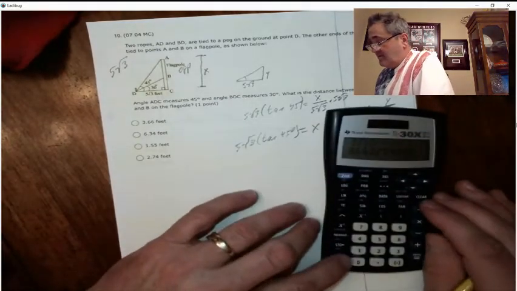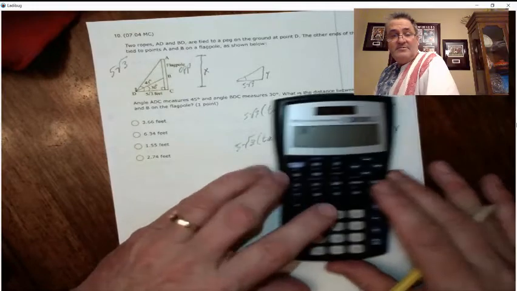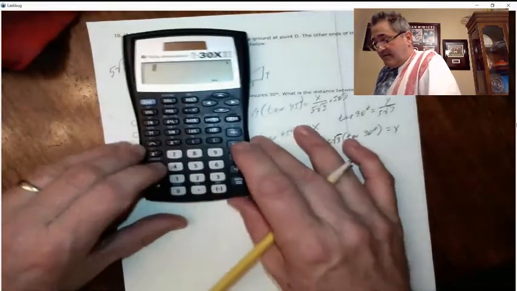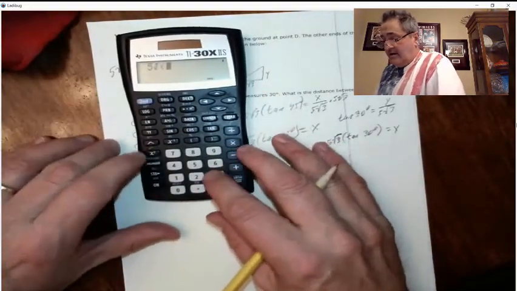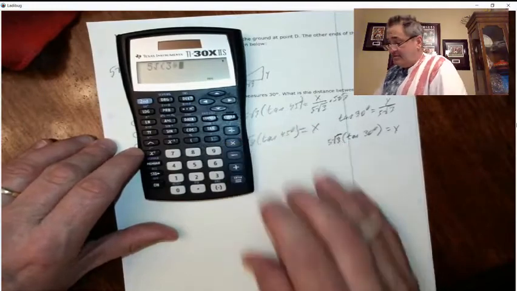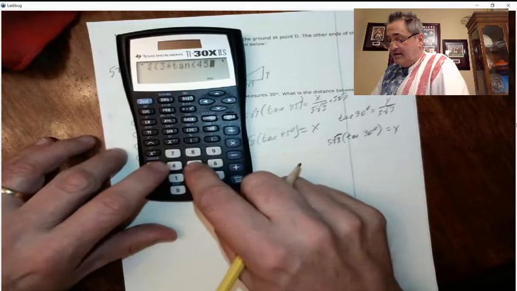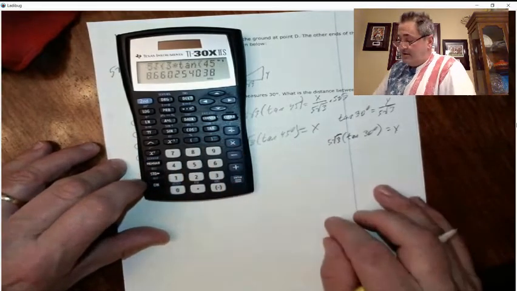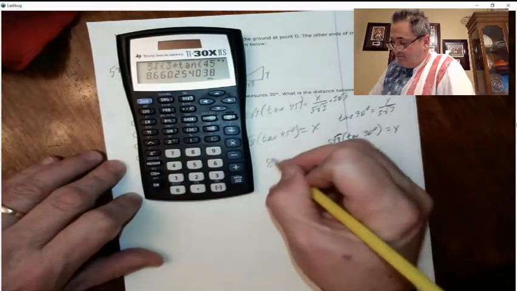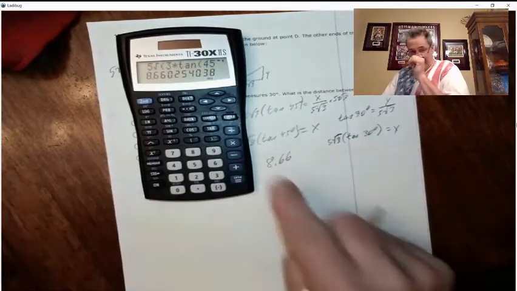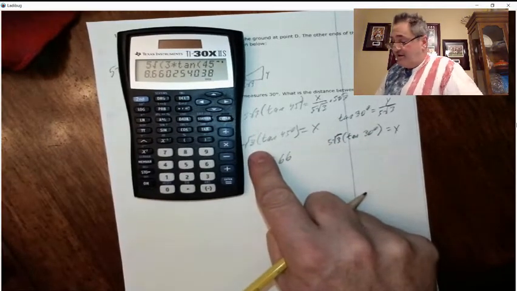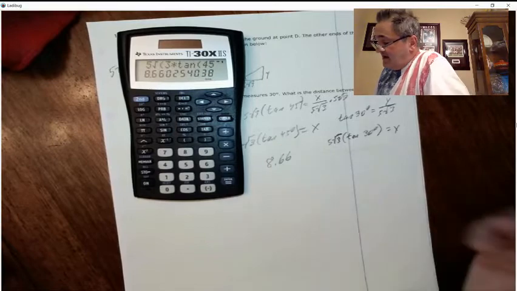Okay, so 5 times the square root of 3 times tangent of 45 degrees is 8.66, which is exactly what 5 square roots of 3 was, because we said the tangent of 45 degrees was 1.